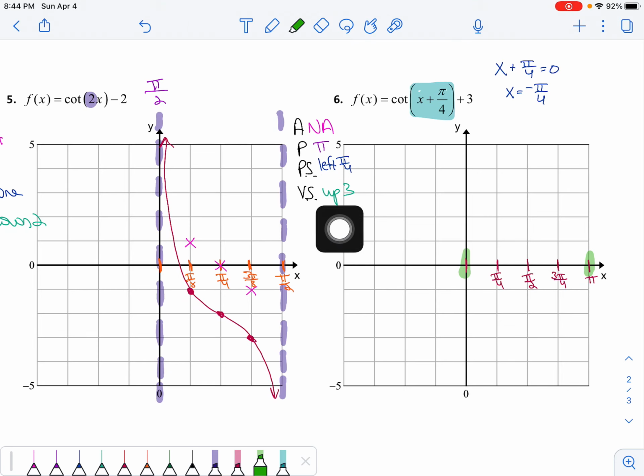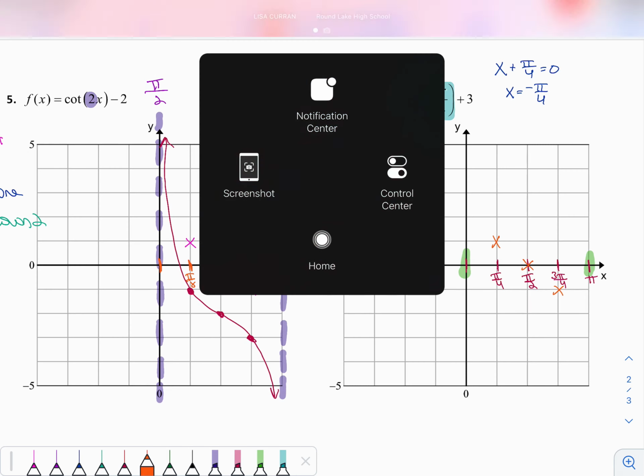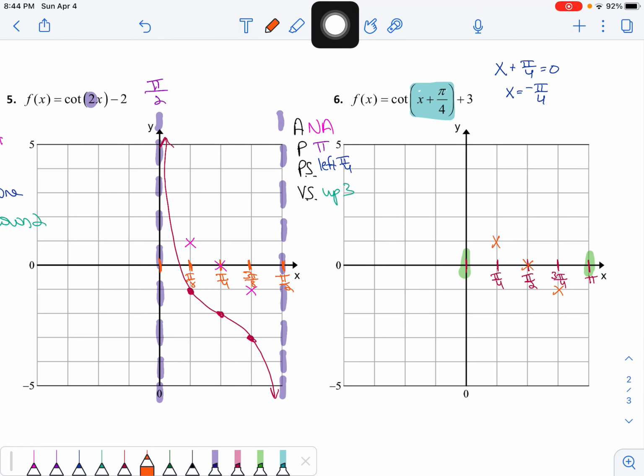Because now I know I'm going to have to shift it to the left, and I'm also going to have to shift up. So let's do little X marks the spots here. I'll go in orange there. So normal cotangent, there we go, positive 1, 0, negative 1.